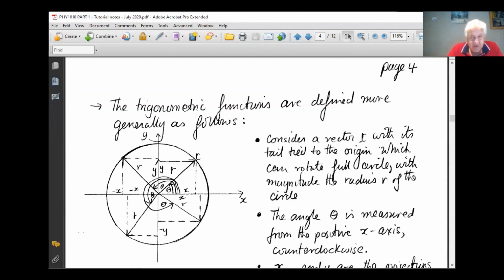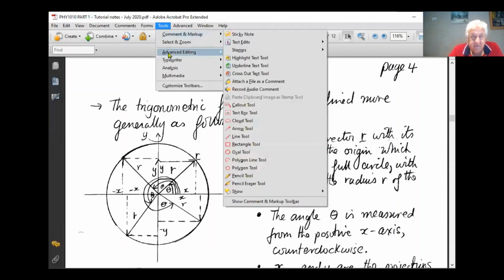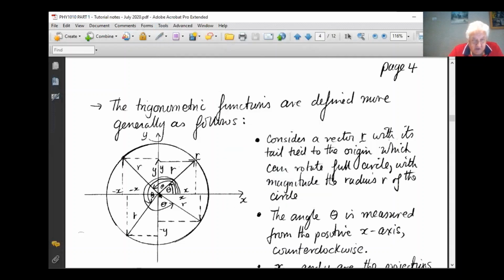Now there's a more general definition of sine, cosine, and tangent, in terms of a vector that's tied to the origin and can rotate full circle. So consider a vector R with its tail tied to the origin, which can rotate full circle with magnitude the radius r of the circle.